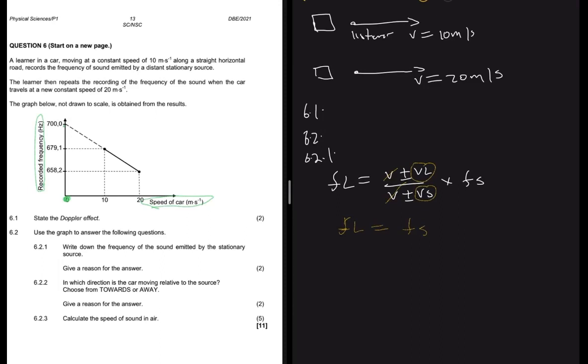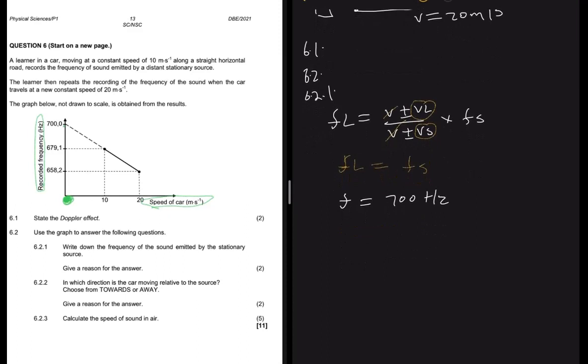If you look at the graph, there's a green point there that I'm marking. That is where we have 0 on the x-axis, and on the y-axis the frequency is 700 hertz. So the frequency emitted by the stationary source in this situation is 700 hertz.